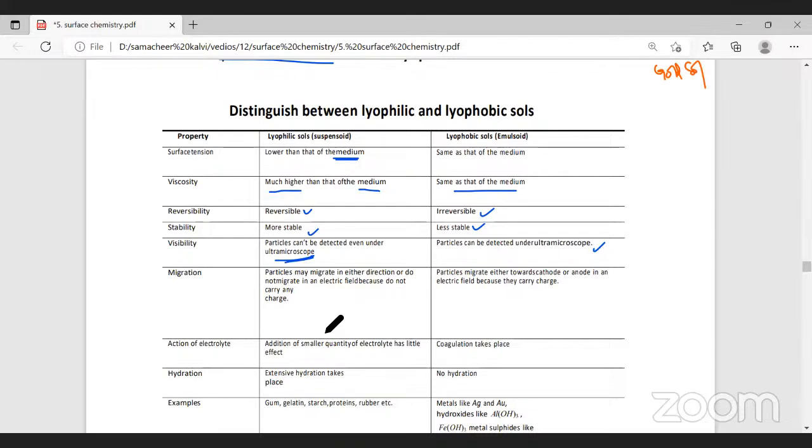So lyophilic colloid may or may not move towards the electrodes in the electric field because they do not have any charge. Lyophobic particles migrate either towards cathode or anode in the presence of the electric field because they have charge. So lyophobic colloids are charged. Lyophilic colloids generally do not have charge.